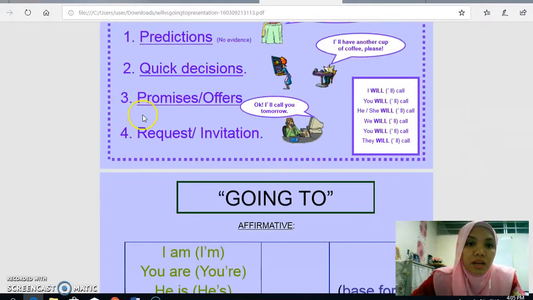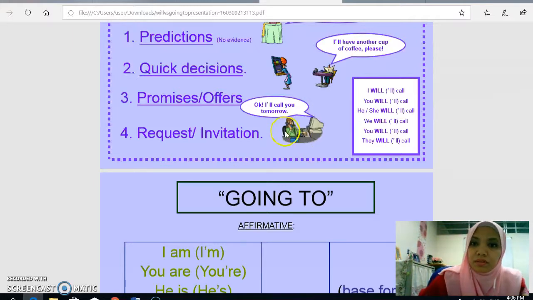And the last one is when you're making a request or invitation. For example, we will call you once we have decided on the interview.